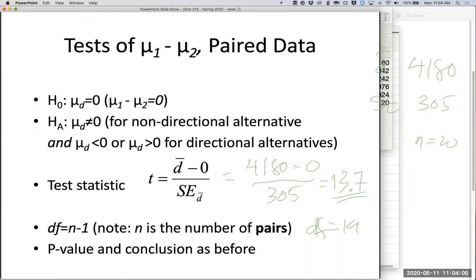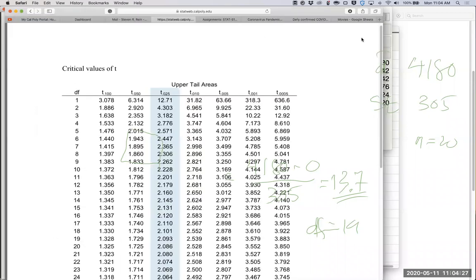Okay. If we want to know whether the tuition of the out of state is higher than the tuition of the in-state schools, the alternative hypothesis would be that mu sub d is greater than 0. If our test statistic were 13.7 and 19 degrees of freedom, let's see if I could find that value in my t-table.